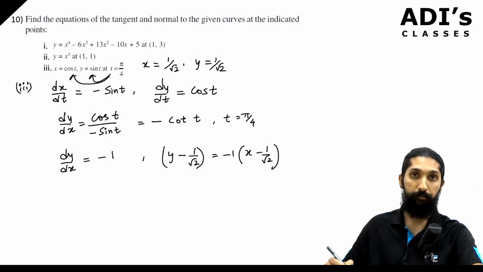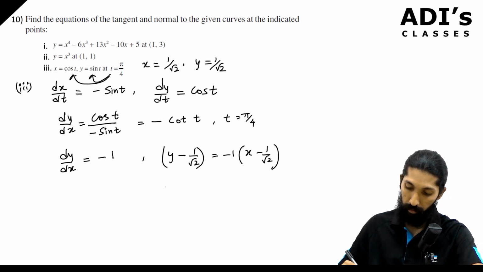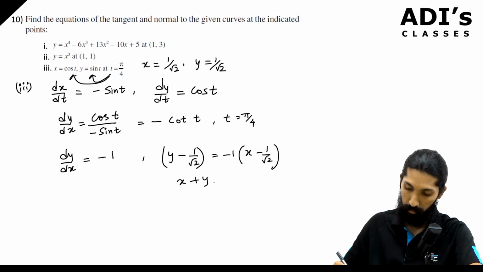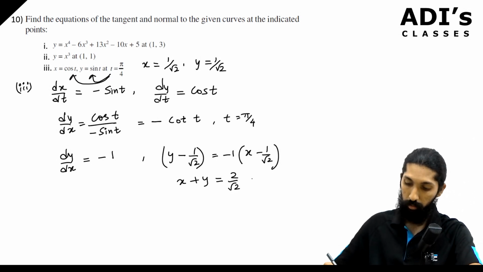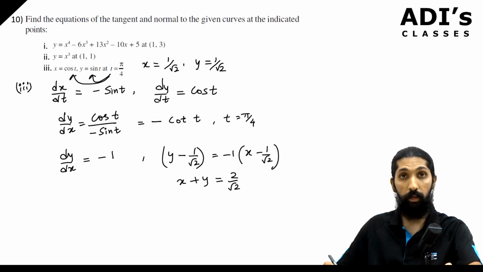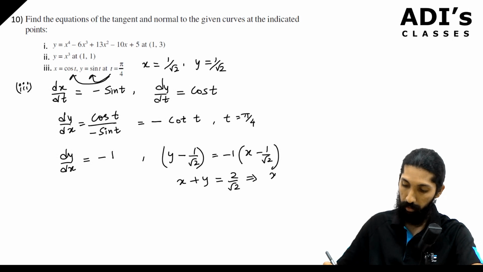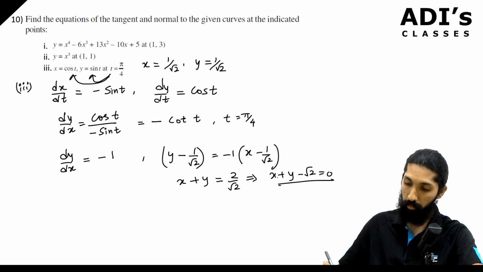So you take the value of x this side, and x plus y is equal to 2 by root 2, or you can also write it as x plus y is equal to root 2. Understood? So this will become x plus y minus root 2 is equal to 0.